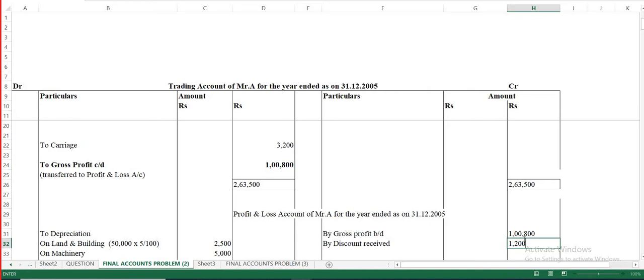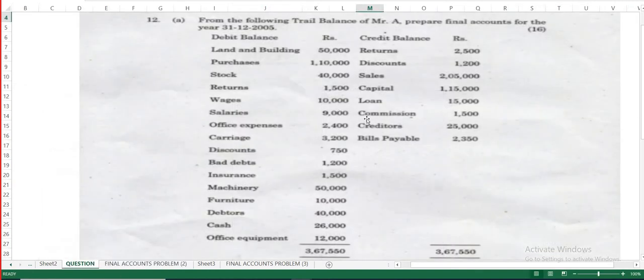Next item, if you see on the credit balance, similarly commission we have 1,500. So this is considered as commission received. Whatever is on the credit balance or credit column, those things are known as discount received or commission received.